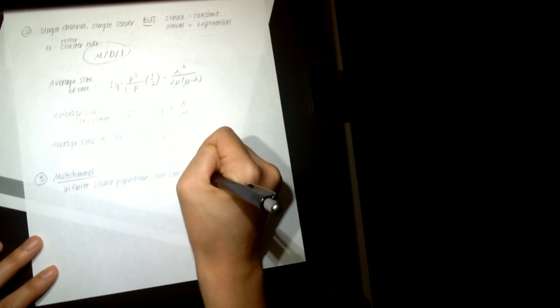Okay, so the third system that we have is a multi-channel system. This one is the most complicated. And so this one, again, infinite source population. It would be one line, multiple servers.